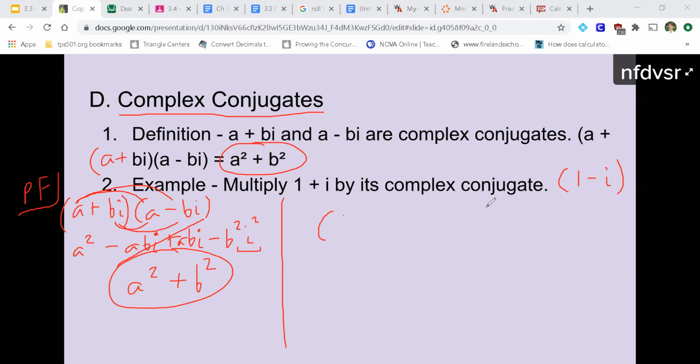If I multiply 1 plus i by its conjugate, 1 minus i, again, I could do the distributive property, that works absolutely. Or I could just write: a is 1, b is 1. So the answer to this is just going to be 1 squared plus 1 squared, or 2.